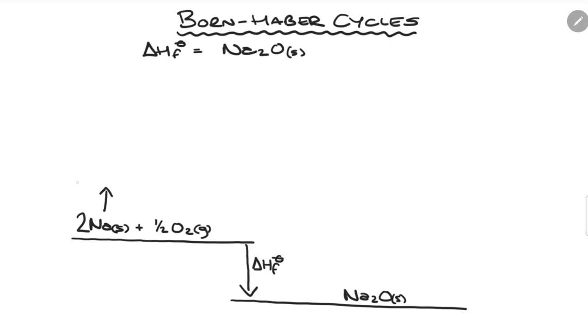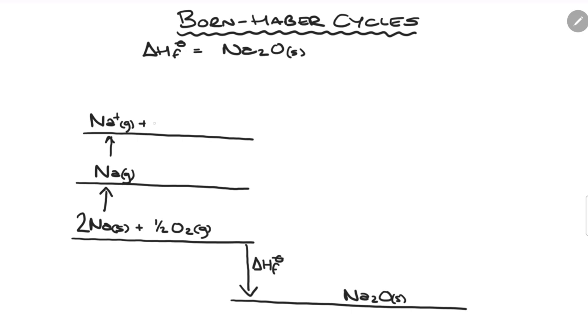If you remember from the previous clip, in one of the situations, we had to take sodium as a solid and transform it into a gas. Once we transformed it into a gas, that allowed us to then do the first ionization energy, whereby we produced sodium gas plus the electron, which would be required to react with the oxygen in its later stages.